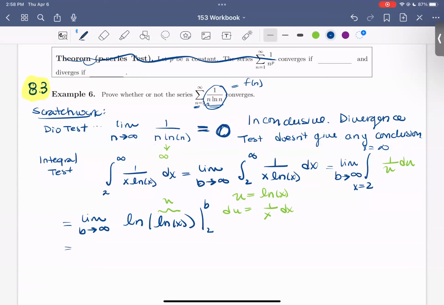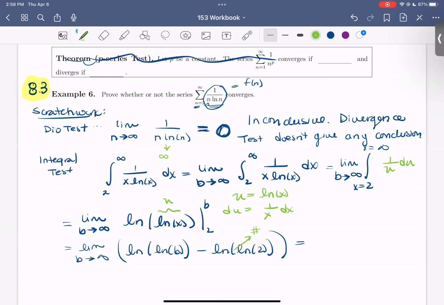When we evaluate there, we get the limit as b goes to infinity of ln of b minus ln of 2. I need to determine what that value goes to. Here, ln of 2 is just a finite number.